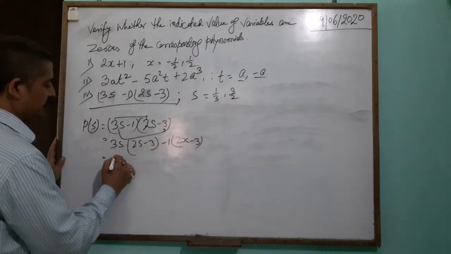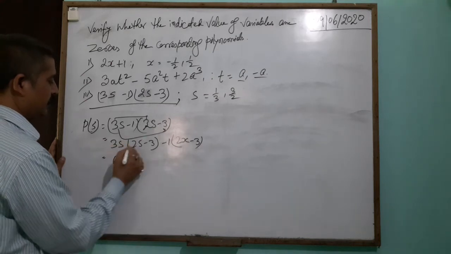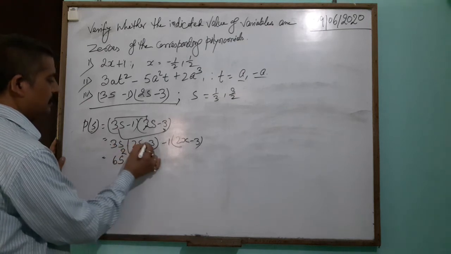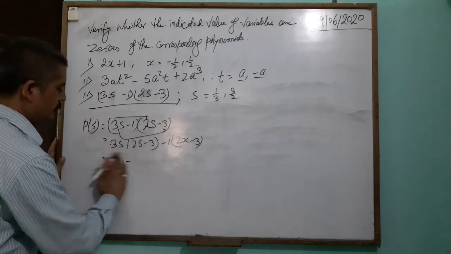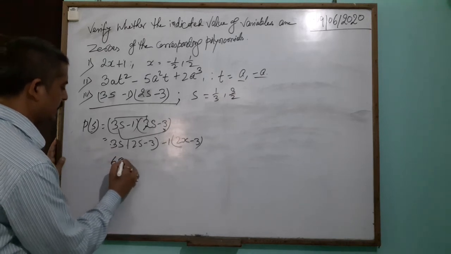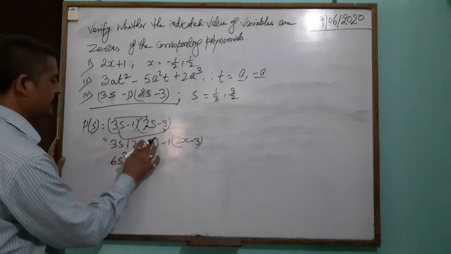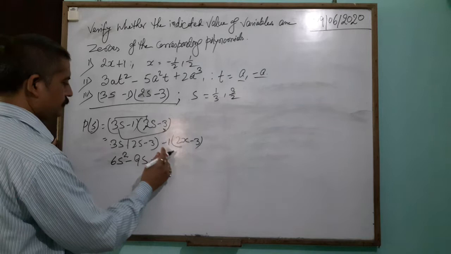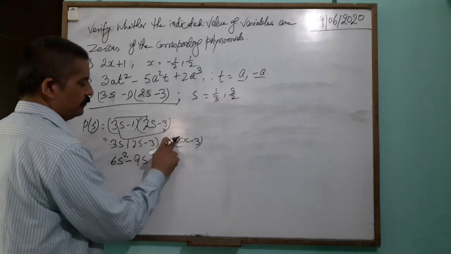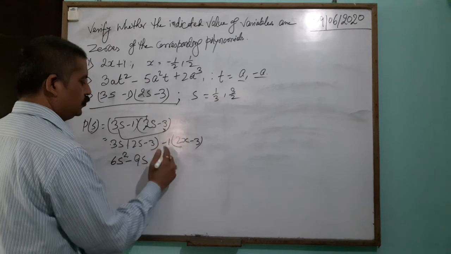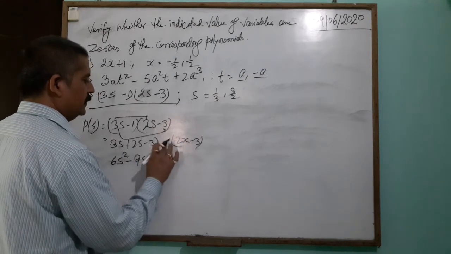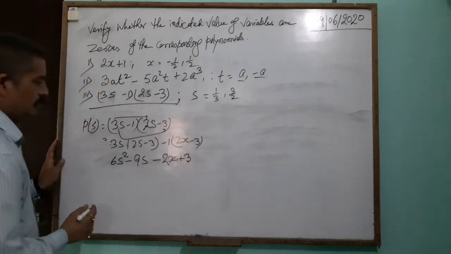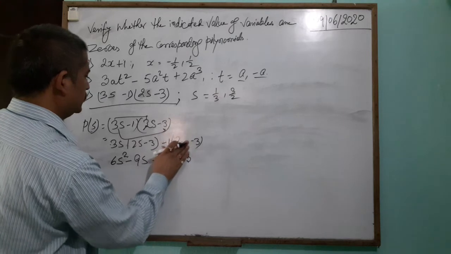So what we get, 3 twos are 6, and 1 2 3. First of all, multiply the sign, plus minus: 6s square, then plus minus 3 3 is 9s, minus plus minus 1 into 2 and x, फिर minus plus 1 into 3, that's the 2s.